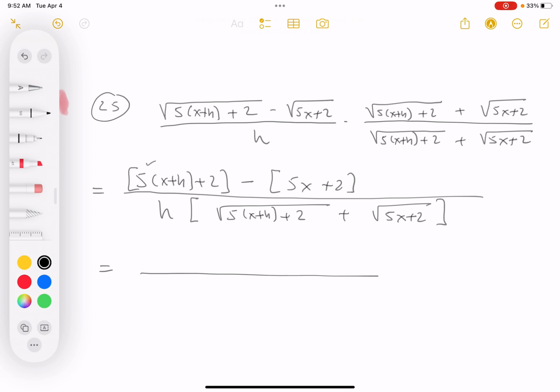I'm going to say 5 times x is 5x, but minus 5x, that disappears. And then you get 5h. I see that over here. You get plus 2 minus 2, so there are no constants. And then you get h in the bottom, and then this nightmarish looking root problem.